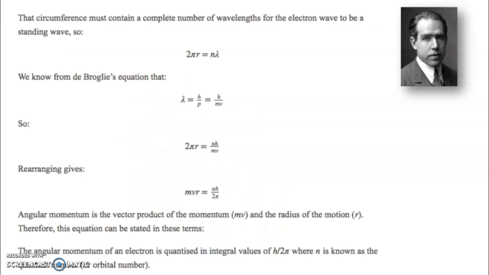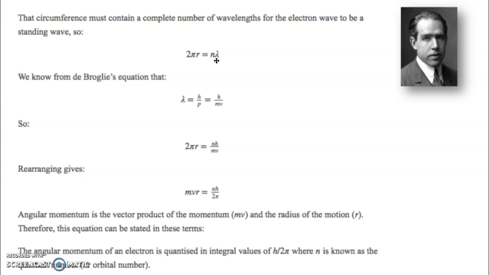So let's have a look at the maths there, right? If we have a circumference which contains complete numbers of wavelengths for an electron wave, then let's think about a circumference. 2 pi r is an entire circle, which is our energy levels, equals n lambda, the number of wavelengths. How many complete wavelengths do we have? Oh my god, it's another n.